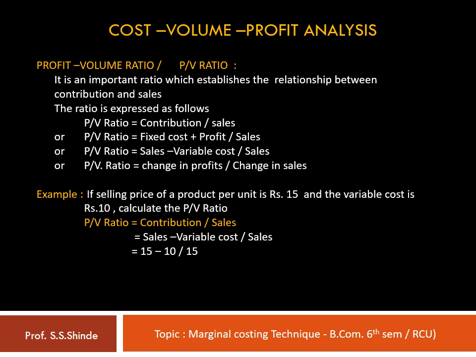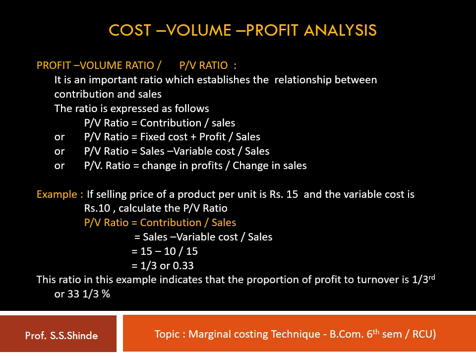Sales here is 15 rupees per unit minus variable cost per unit 10. So 15 minus 10 divided by the sales per unit, that is 15 rupees. So this gives us the PV ratio as 1 upon 3, or 0.33. This ratio in this example indicates that the proportion of profit to turnover is 1/3 or 33 1/3%.